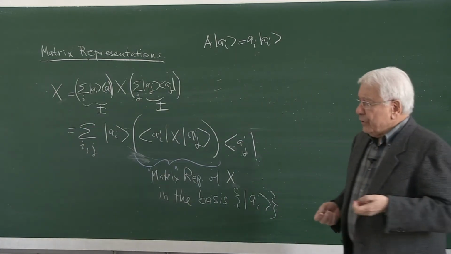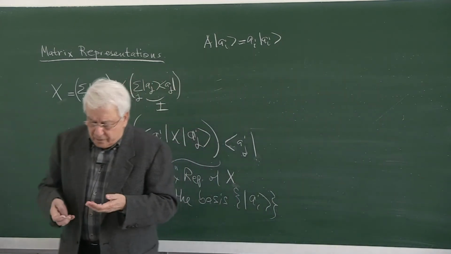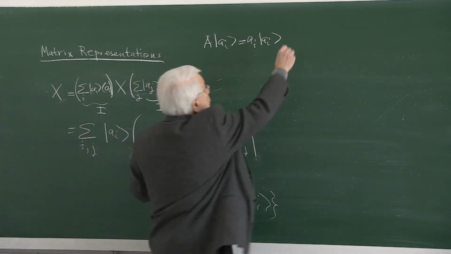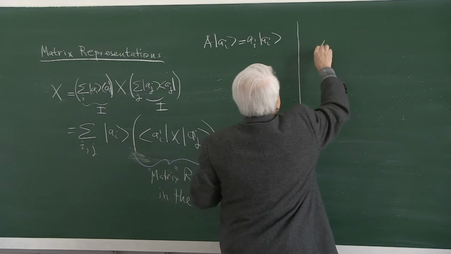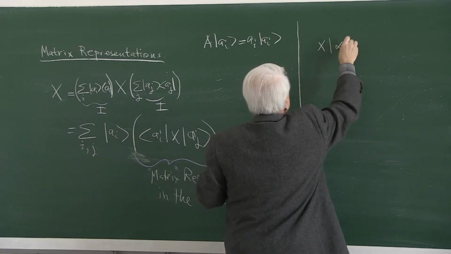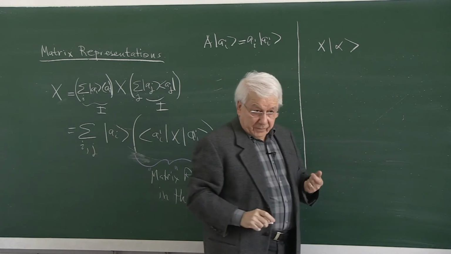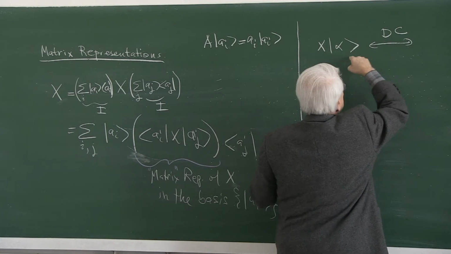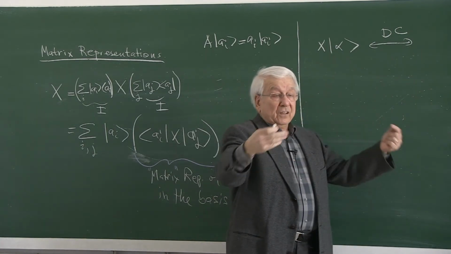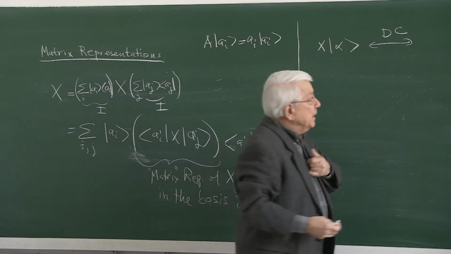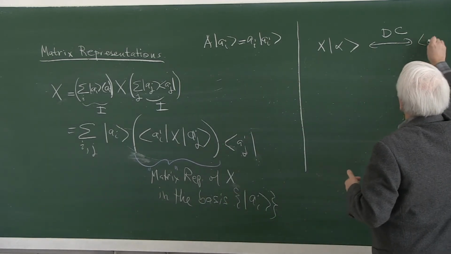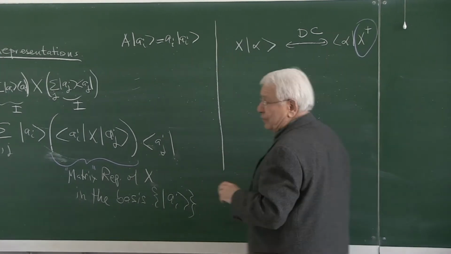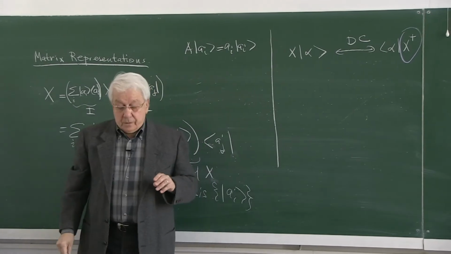Remember, in our original definition of the Hermitian adjoint, we said X acting on an arbitrary ket vector, and the dual correspondence from this ket space to the so-called bra space, together with which we were able to define an inner product. Well, that was the definition of the so-called Hermitian adjoint.